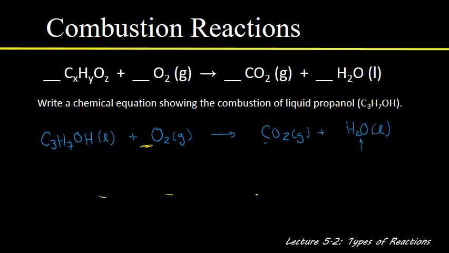All right, so let's do that. We can look at our carbons first. We've got 3 carbons here, so we need a 3 there. We've got 8 hydrogens here, right? 7 over here and then 1 more over there. So that's a total of 8 hydrogens. In order to get 8 hydrogens on the right, we need to put a 4 there.